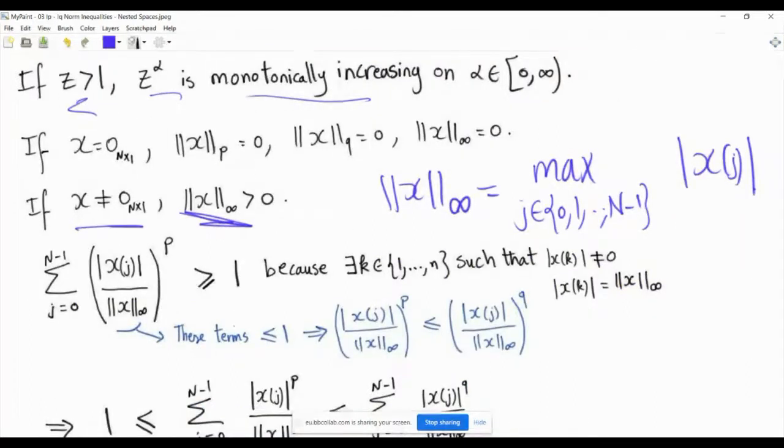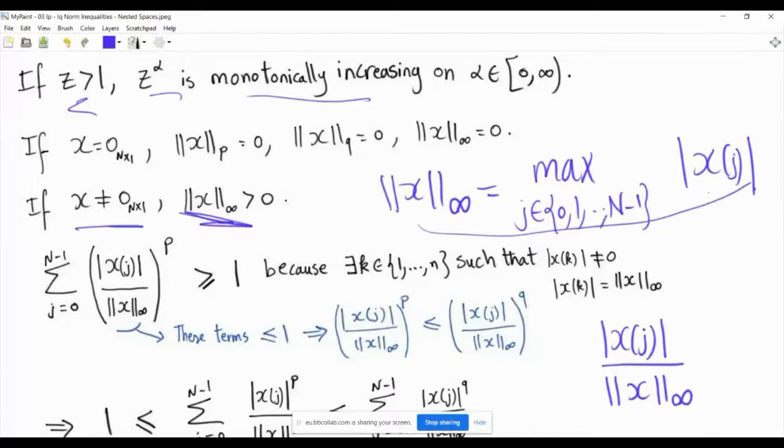So here is what we do. I will take the magnitude of x of j, the jth component in vector x, and I will divide this by the L infinity norm of vector x, which is defined as such. Now, what do you think about this alone?